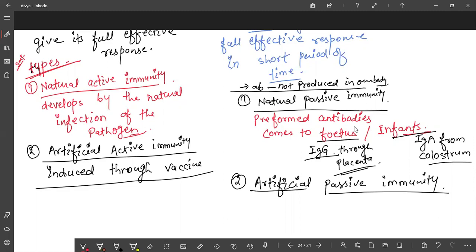The person would have to produce antibody naturally, and till then death may occur. So in that case there is a need to provide artificial antibody. This antibody is injected into the patient in case of snake bite, or in case of a deadly disease like tetanus.